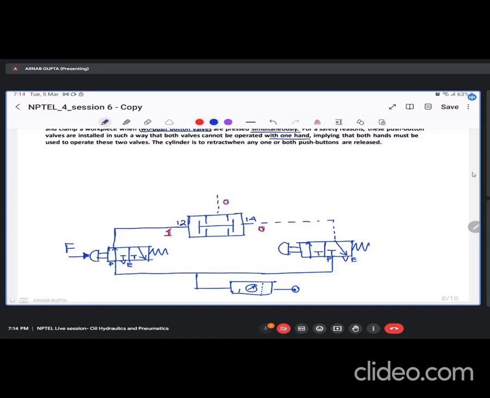Next, where will this go? This will go to your main DCV, because that DCV should also take care of your retracting stroke, right? So it has, say, two positions. One is this. So these are your A and B ports, say.